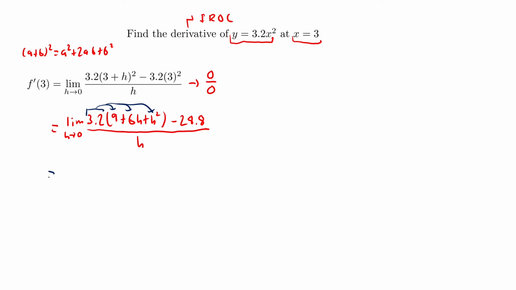And when you do that, this is going to result in the limit as h approaches 0 of 28.8 plus 19.2h plus 3.2h squared, and then we're just going to finish out what we have here.